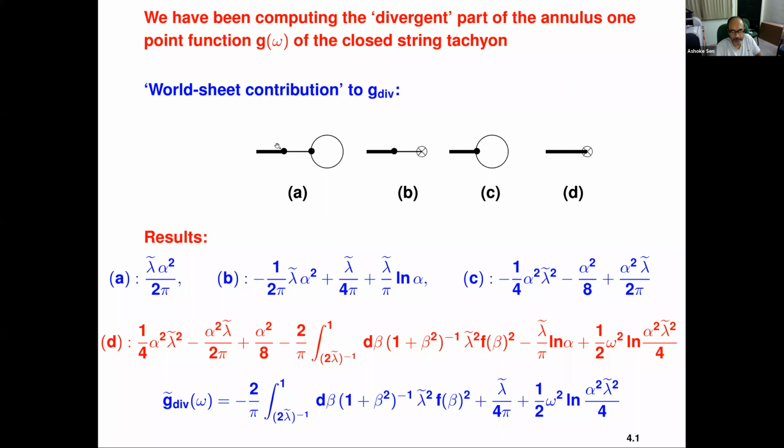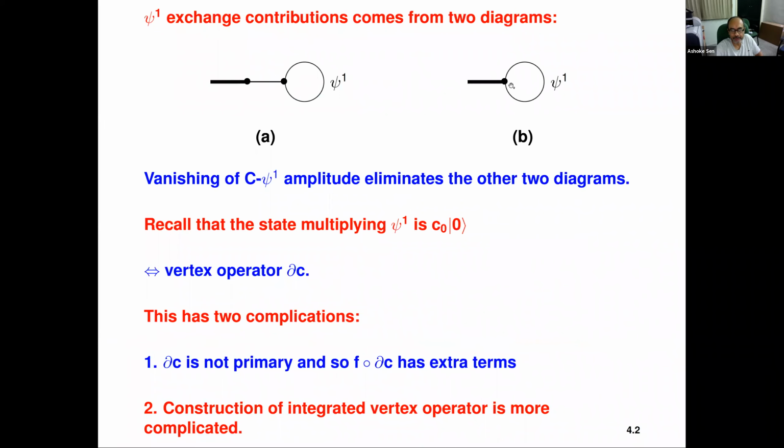This is because of the specific choice of vertex that we made, which basically means that we cannot put a psi1 here or a psi1 here. So that rules out these two possibilities. So the only place where you can put psi1 is either here or here, and that gives rise to these 2 diagrams, which I have displayed here.